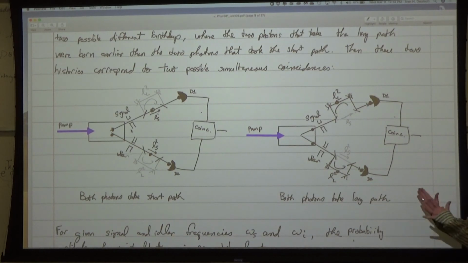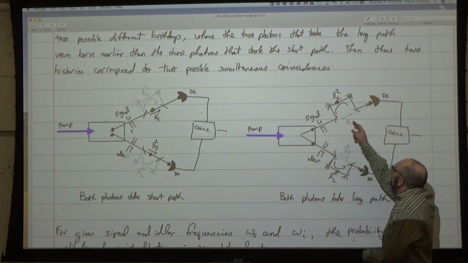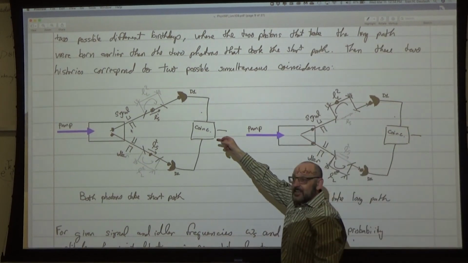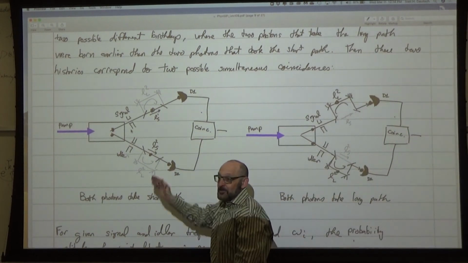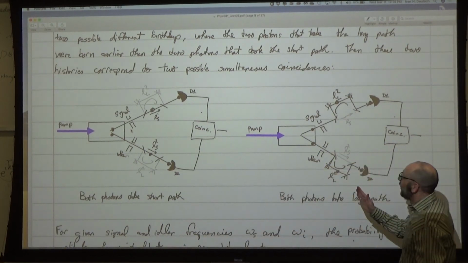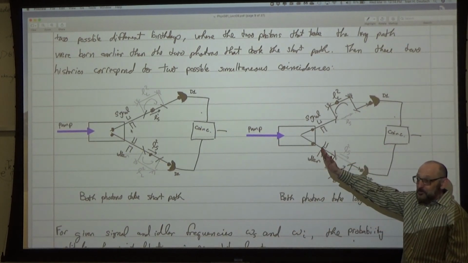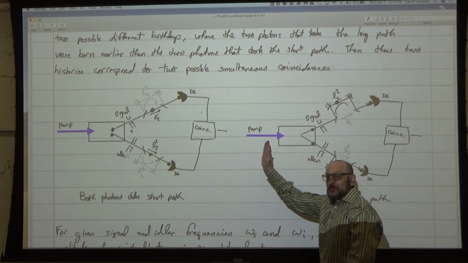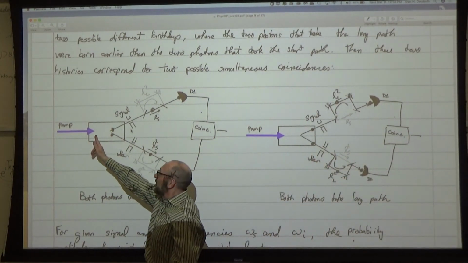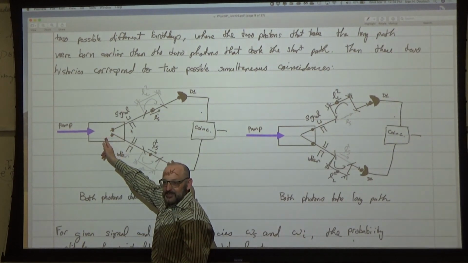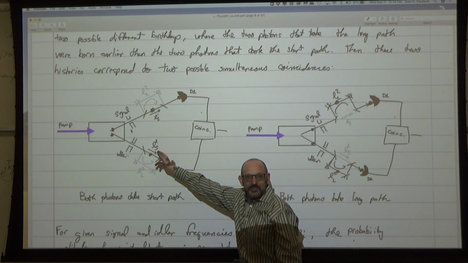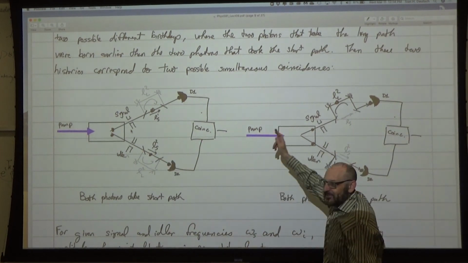Because if I knew their birthday, I would know there's no way they could get here at a different time than here. But there is an amplitude where both photons were born a little bit later, which is in superposition with the photons that were born a little bit earlier. And so I add the amplitudes for those two alternatives.